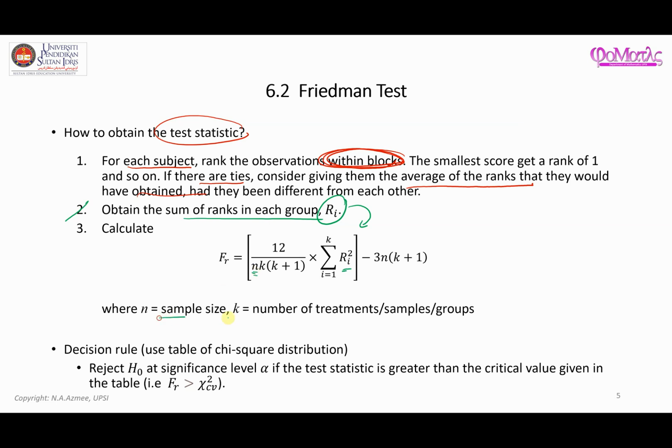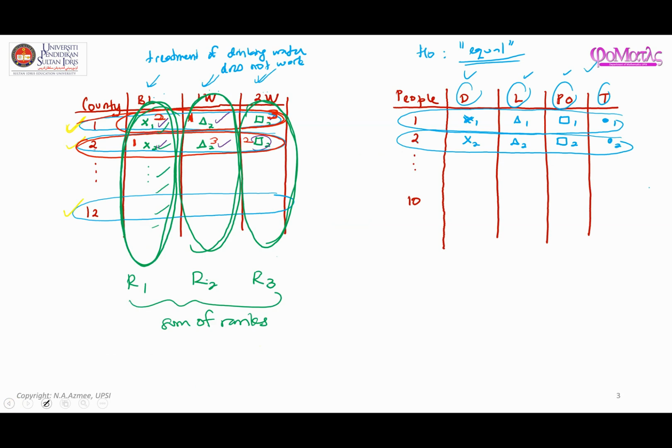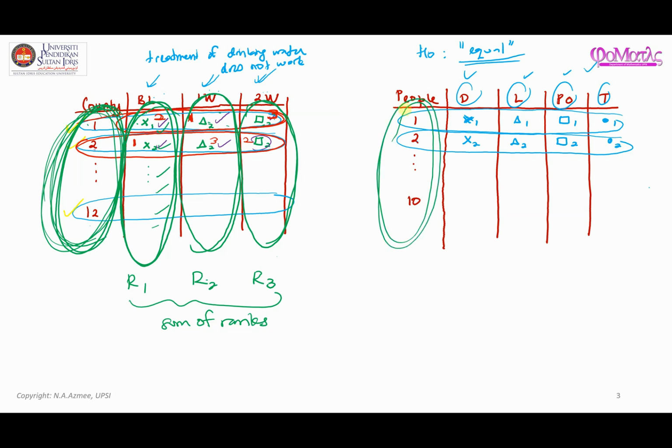And N here is the sample size. Notice that the sample size here refers to this part. Okay, so we have a sample size of 12, because all the measurements that you see in each group here come from the same subjects. So total sample size is just 12, or total sample size is just 10.